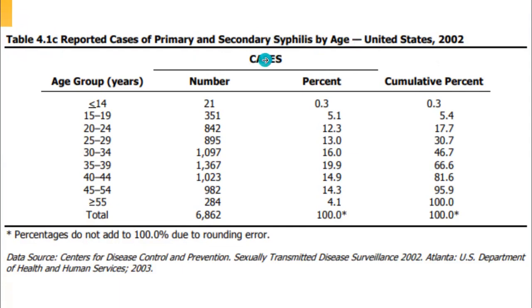So, the table may have several columns. You may create several columns. And each column must be labeled correctly, labeled clearly. So we have the first column labeled age group, second column labeled number, third column labeled percent, and fourth column labeled cumulative percentage.